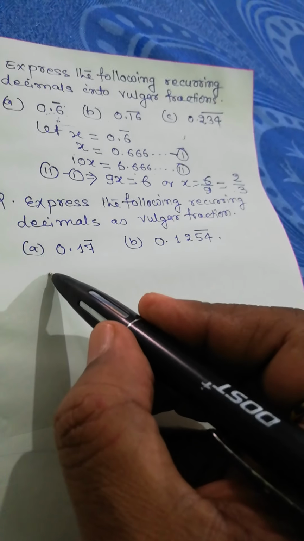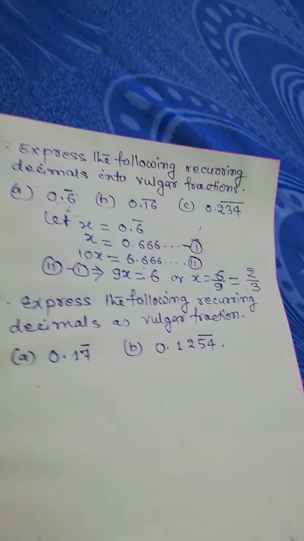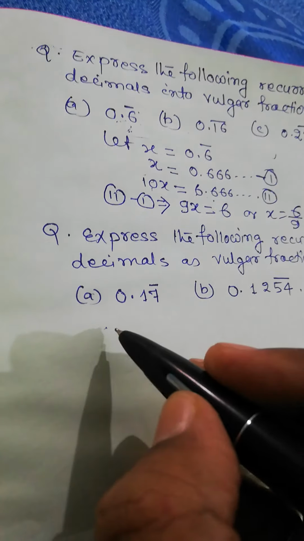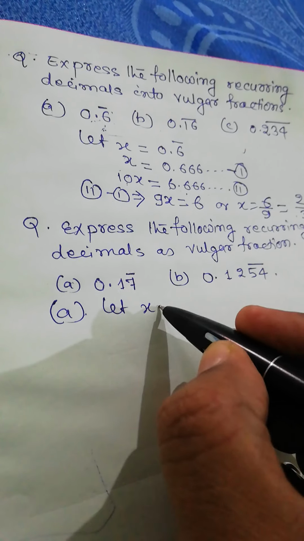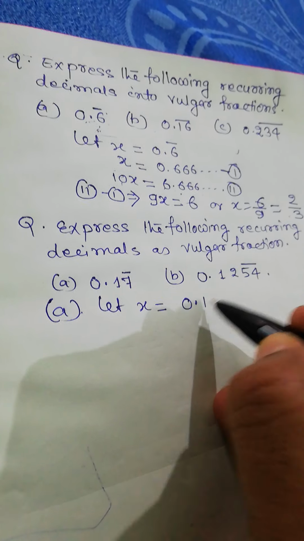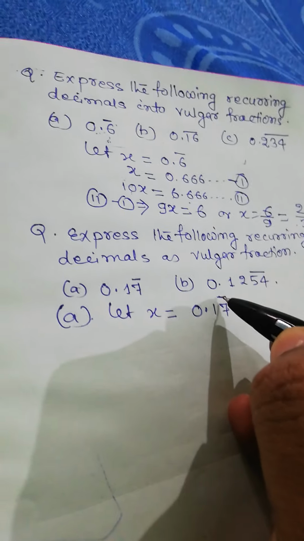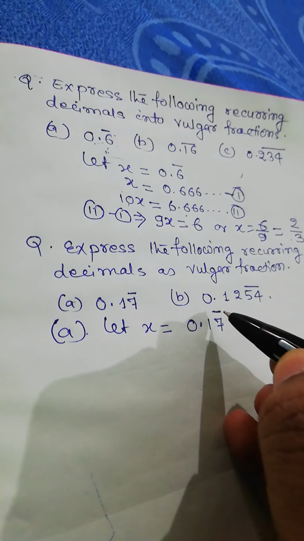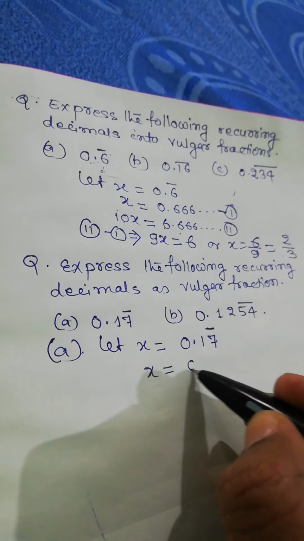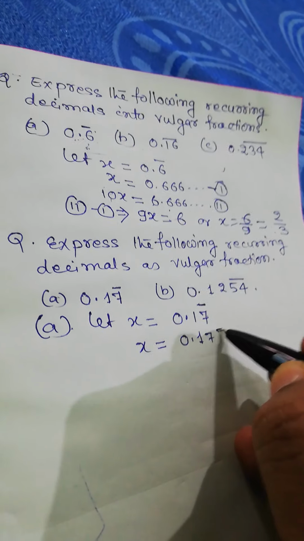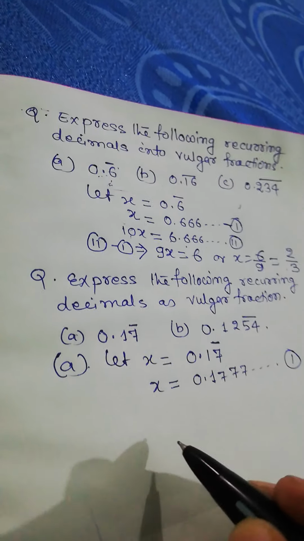Now come to the next question, that is, express the following recurring decimals as vulgar fractions. Here also we are considering the first one. Let x be equal to 0.17 dash. On 7 only this dash is there. So this can be expressed as 0.1777 dot dot dot. Suppose this is first.